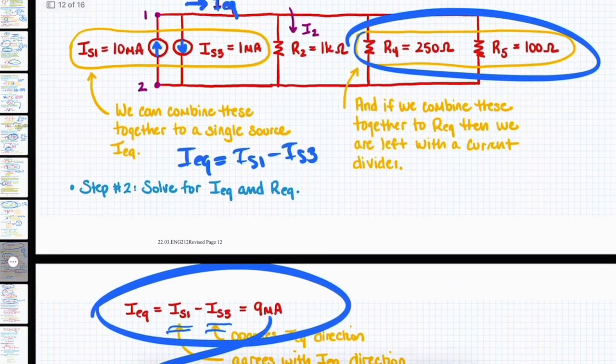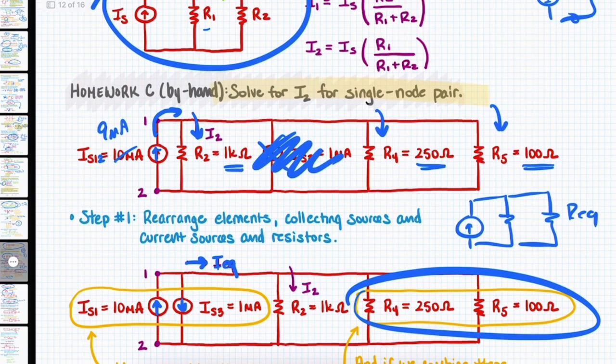Doing checks like that may not be easy for everyone in the beginning, but as you become more familiar with the circuits, I think doing physical checks, looking to see if things make sense, can be helpful. One thing that would definitely stand out is, let's say we got an I2 value where the current through it was 100 milliamps.